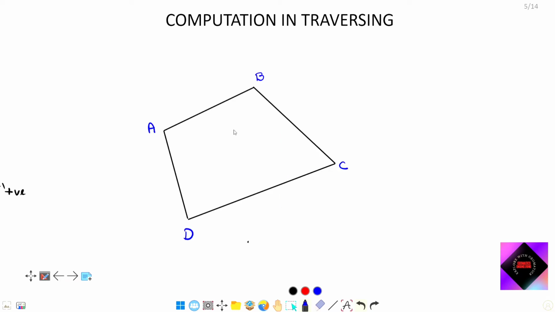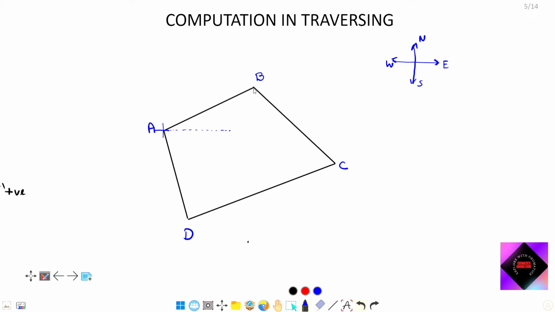So this is our traverse A, B, C, D. This is a closed traverse starting from A, then B, C, and then D. I am going to measure the latitude and departure here. For example, I am taking the upward direction as north, the downward direction as south, this is east, this is west.